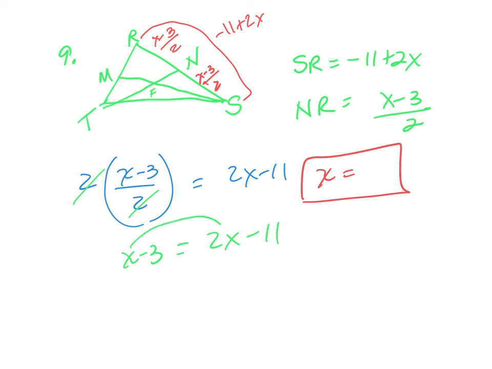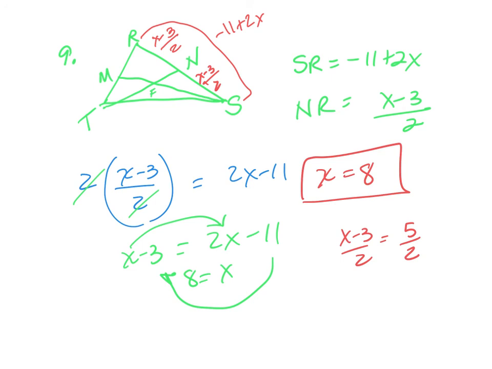When I subtract this x over here, I get a plain x. And when I add this 11 over here, I get 8. So x equals 8. When I put 8 in for x minus 3 over 2, I get 5 over 2.